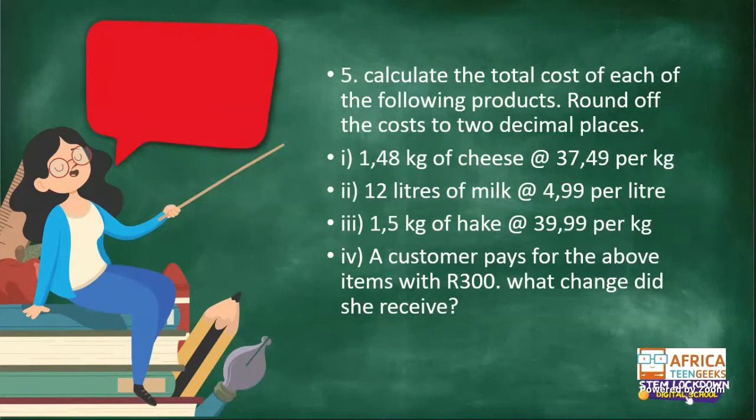Now, the first one there is 1.48 kg of cheese at 37.49 per kilogram. So now, 1 kilogram costs 37.49. We need to know now what is the cost of 1.48.